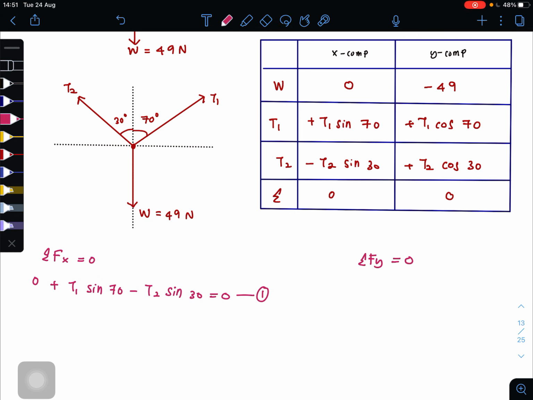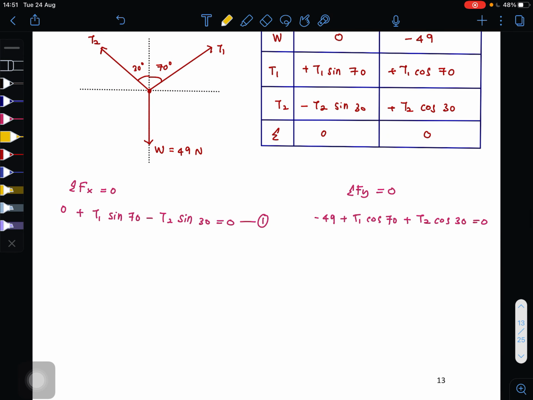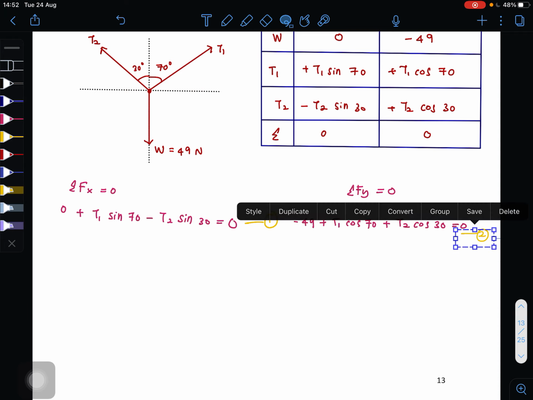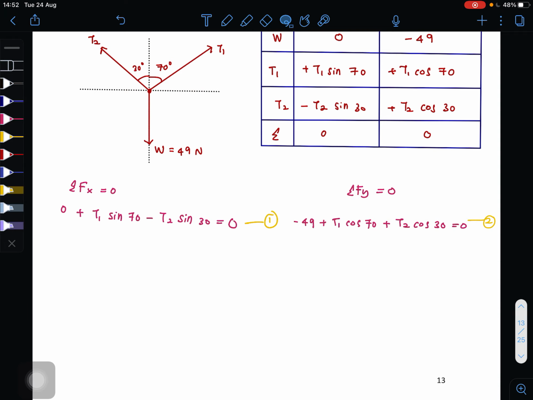So what we have here, negative 49 plus T1 cos 70 plus T2 cos 30 equal to 0. So this is the second equation.